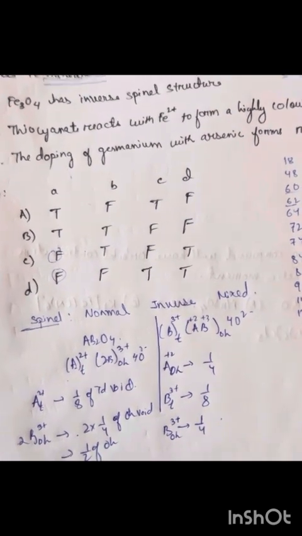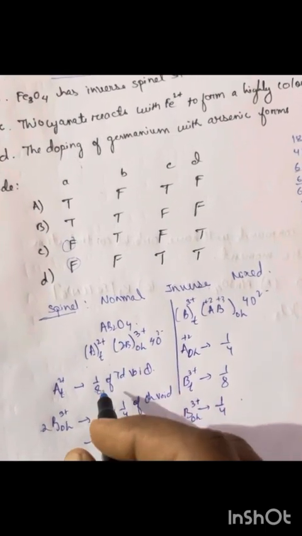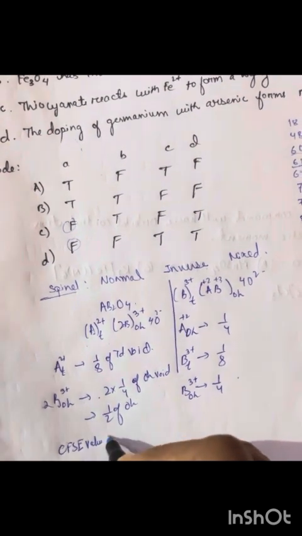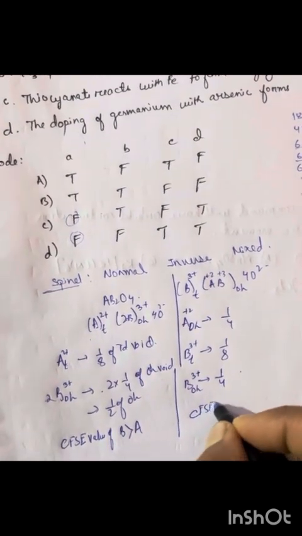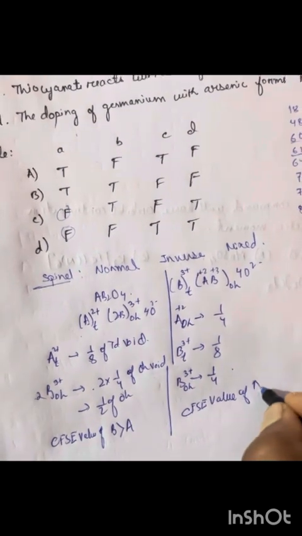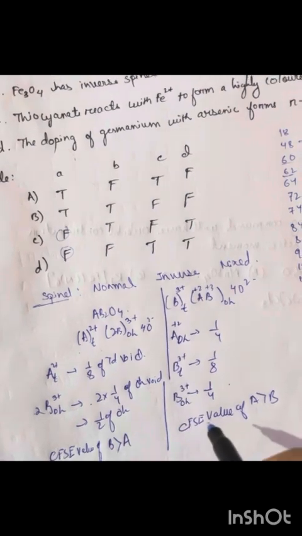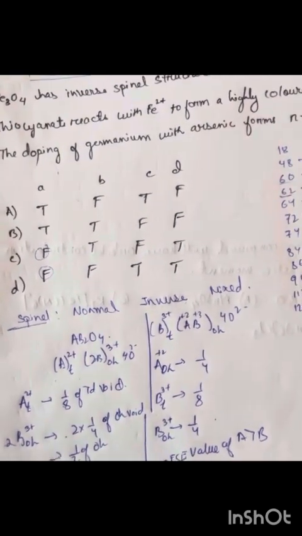You remember this. Now how do you come to know a normal spinel? If the CFSE value of B is greater than A, then it is normal spinel. If the CFSE value of A is greater than B, then it is inverse spinel.